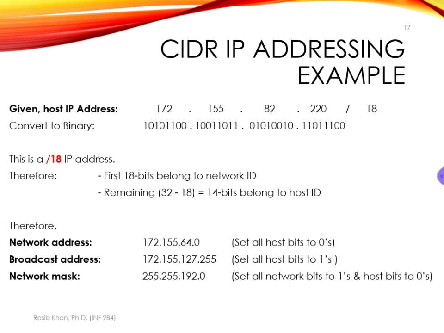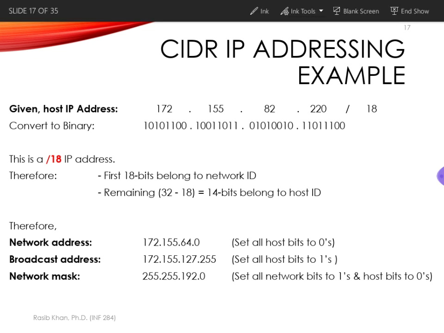All right. So we are given a host IP address 172.155.82.220 followed by a /18, right? The first thing that we always do is convert the decimal into equivalent binary. We don't really need to convert the /18, but only the part of the IP address.